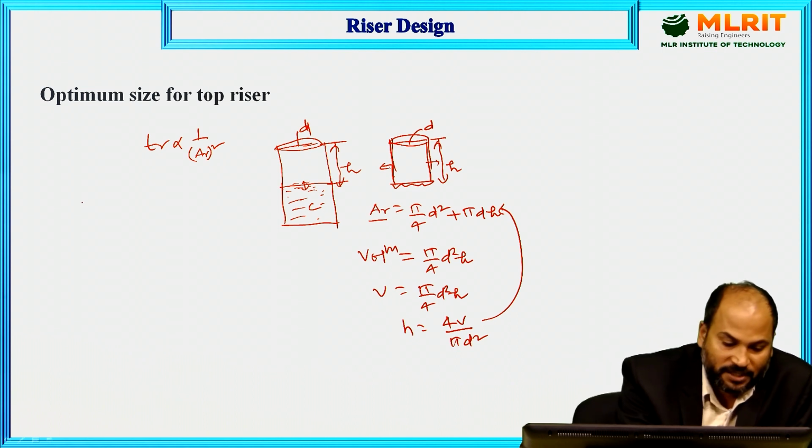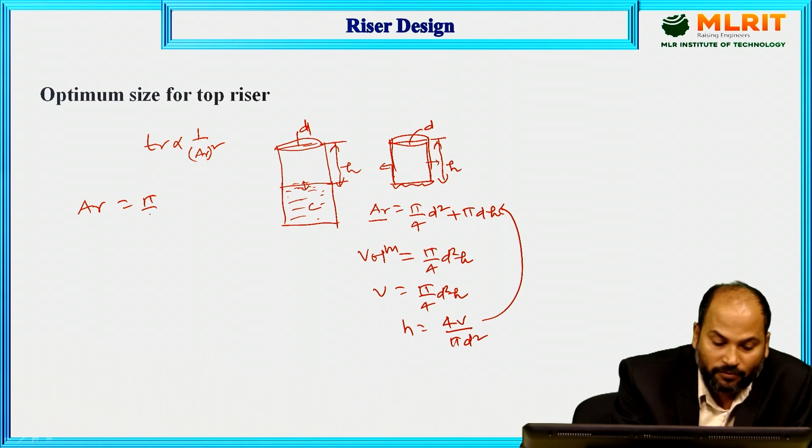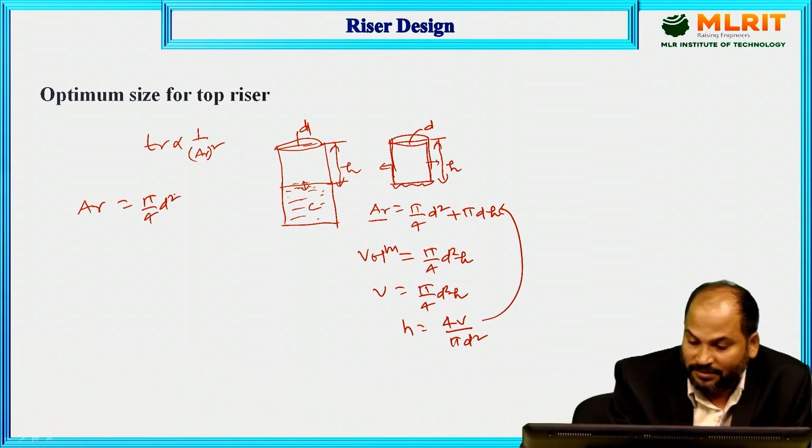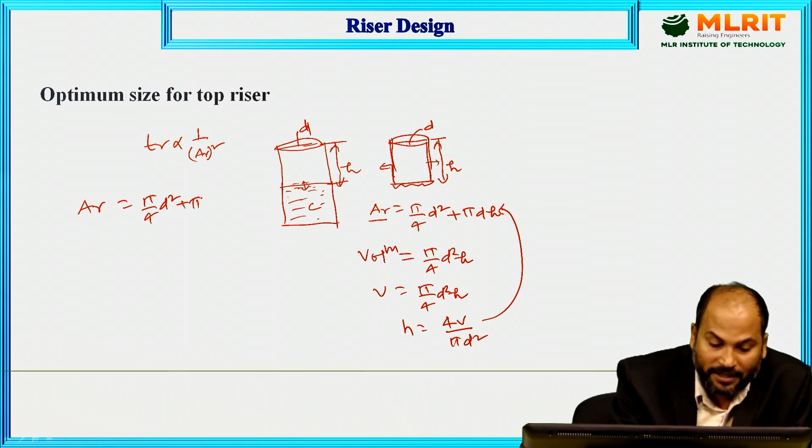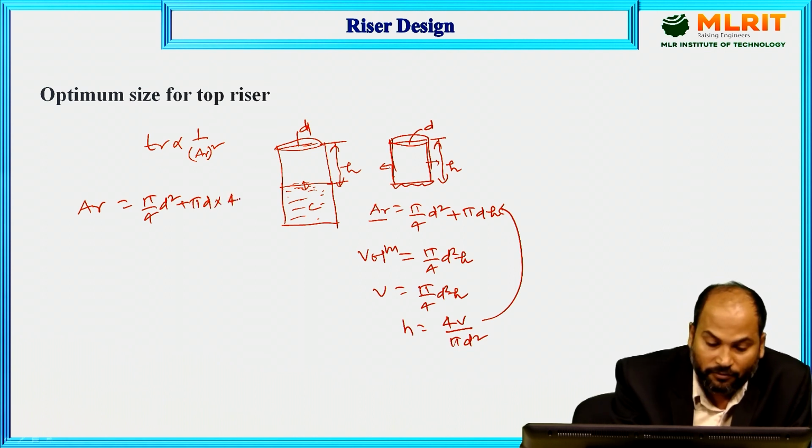So this expression AR will be pi by 4 d square plus pi d into 4V upon pi d square. The pi d and pi d will cancel out.